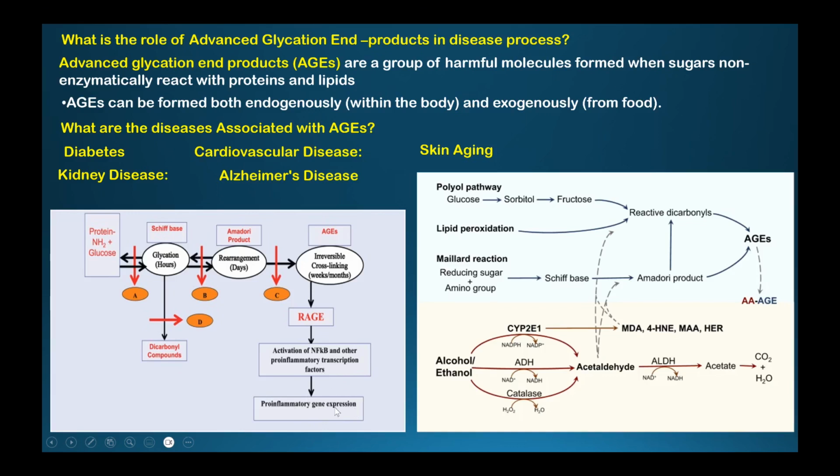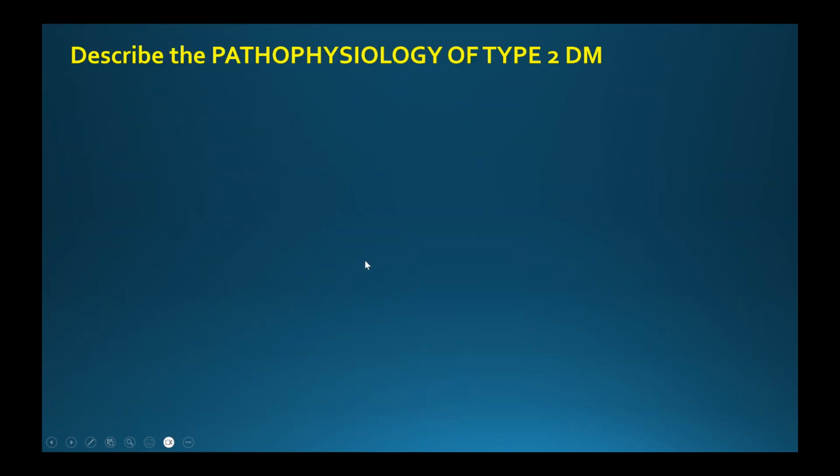So pro-inflammatory gene expression happens, which constantly produces inflammation on the vasculature and endothelium. So the whole process is because of the increase in available sugar. That is the reason why we always want to have the sugar under control, so that this combination of advanced glycation end products does not happen.